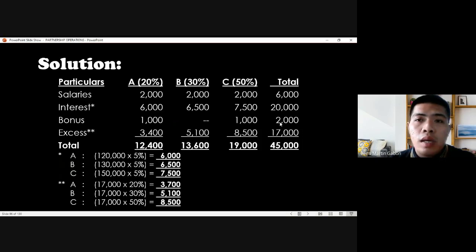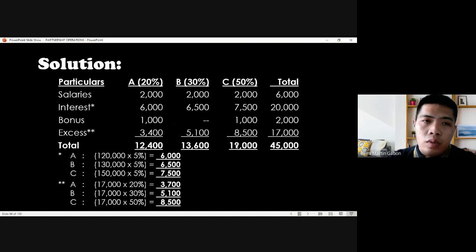So since a total of 28,000 na lahat na distribute, versus the 45,000, yung excess is 17,000. Still a positive amount. Okay? Then distribute the 17,000, 3,400 kay A, 5,100 kay B, and 8,500 kay C. So 12,400 kay A, 13,600 kay B, and 19,000 kay C.